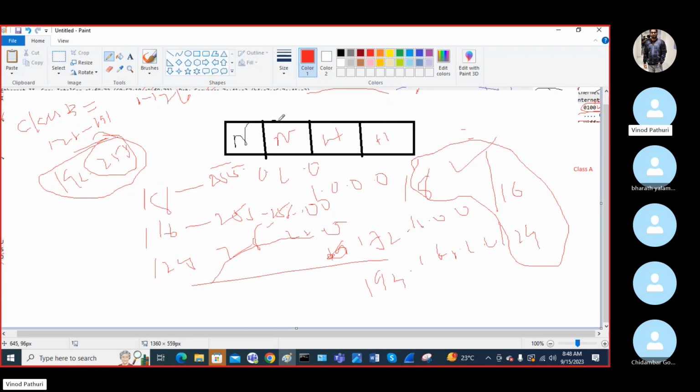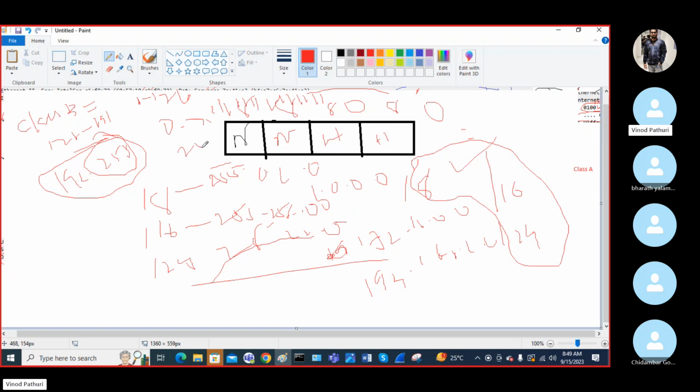So how are they calculating it? I told you network always represents with 1 and host always represents with 0. We have a total of 32 bits, 8 in each octet. Host bits are always 0, and network bits are 1, 1, 1. The value of eight 1s is 255, since we count from 0 to 255.